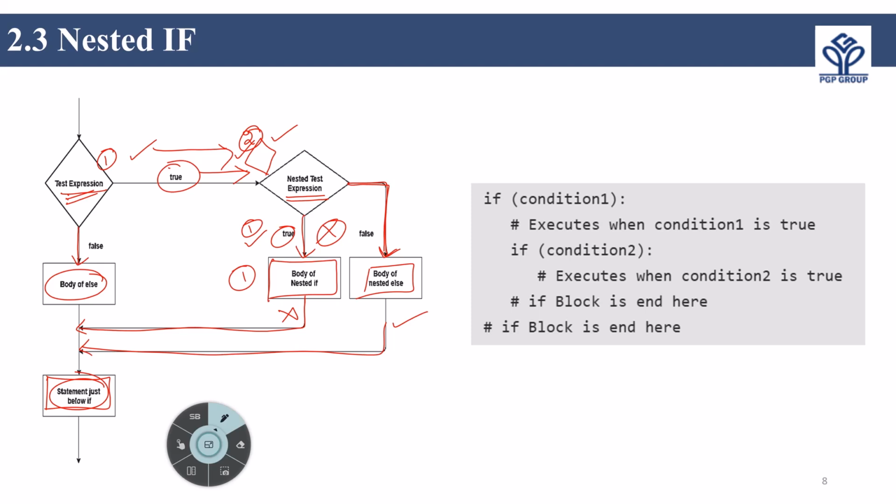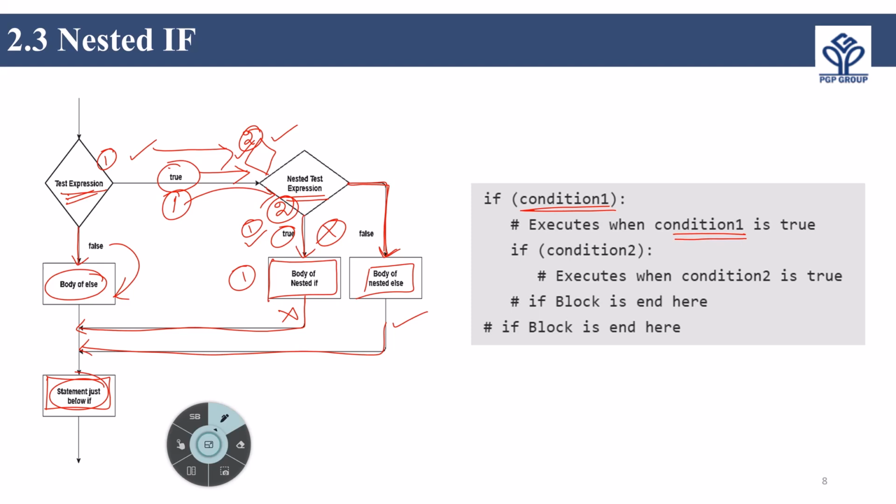Check the if condition, the first condition, which executes when the condition is true. So nested if means when the first condition is true, only then do we go to the nested test. If the nested test is true, it executes. Suppose false, we go to the else part.